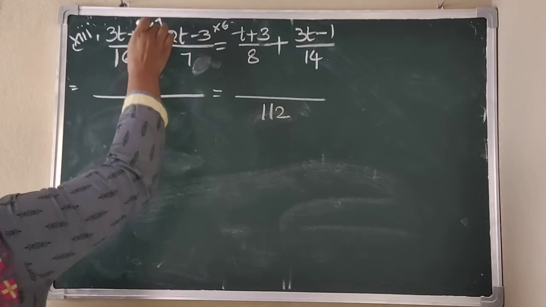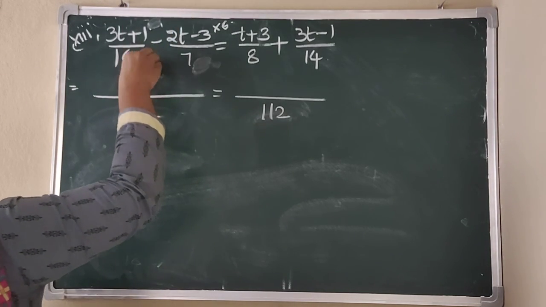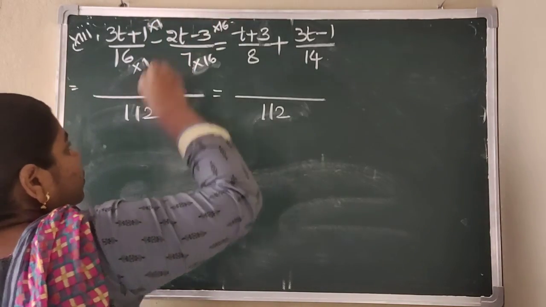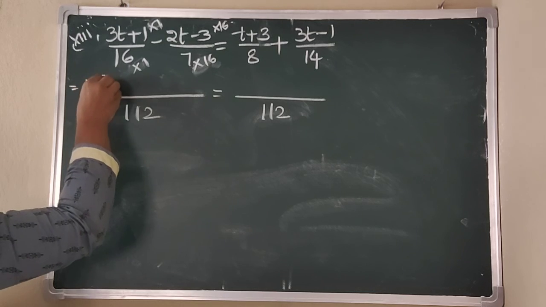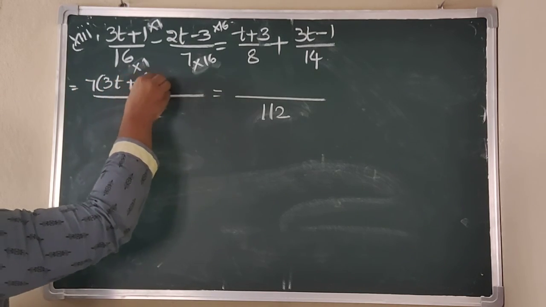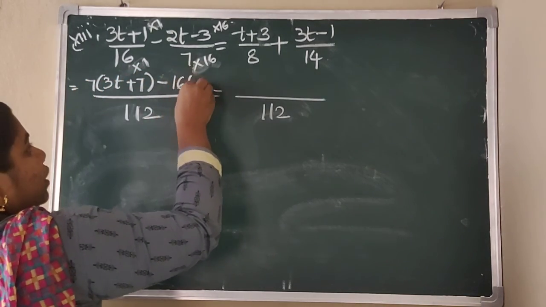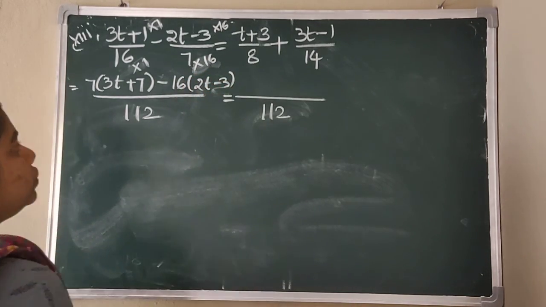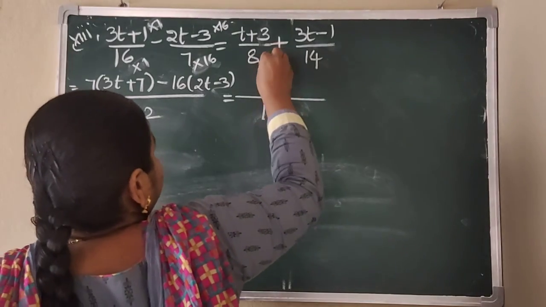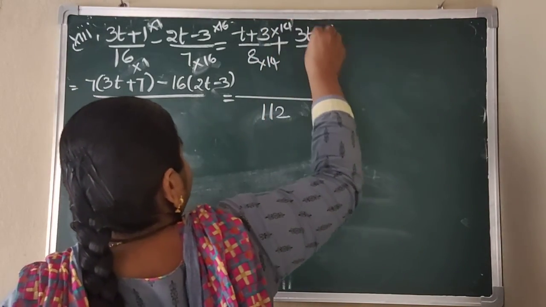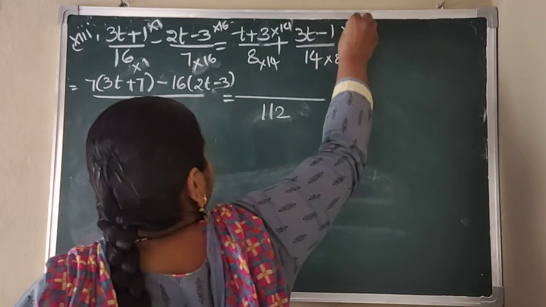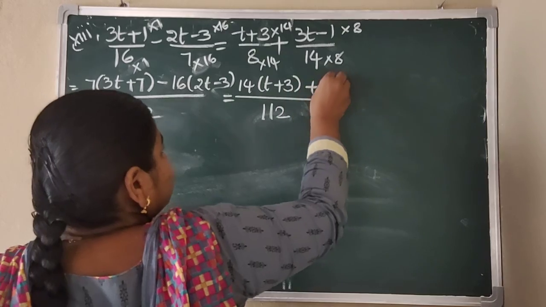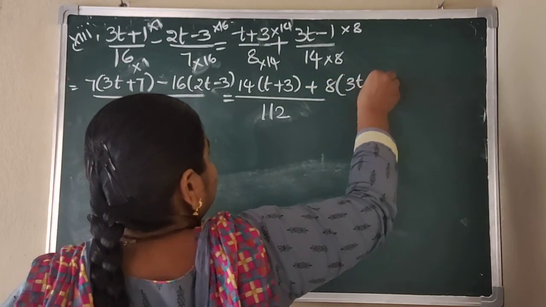Okay, so here we have to multiply into 7, into 7, into 16, into 16. So that will be 7 into (3t + 1) minus 16 into (2t − 3) is equal to, now here into 14, into 14, into 8, into 8. So that will be 14 into (t + 3) plus 8 into (3t − 1).